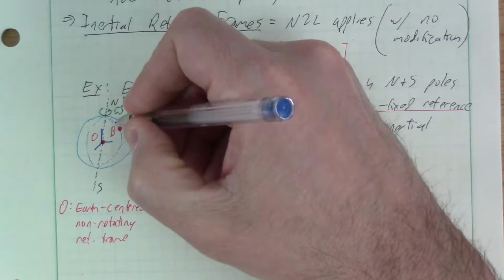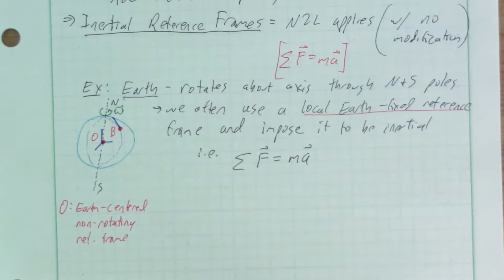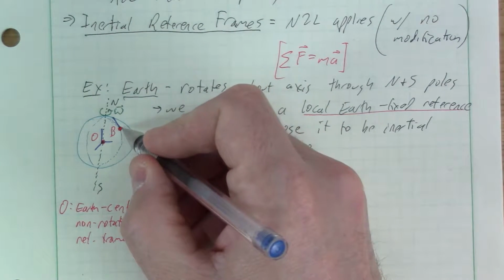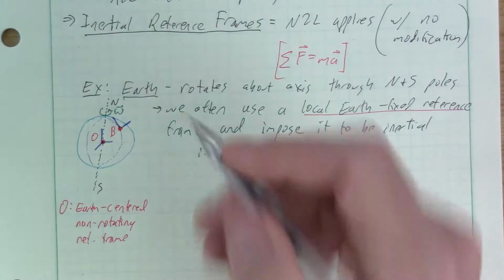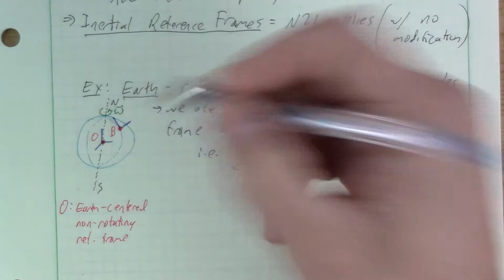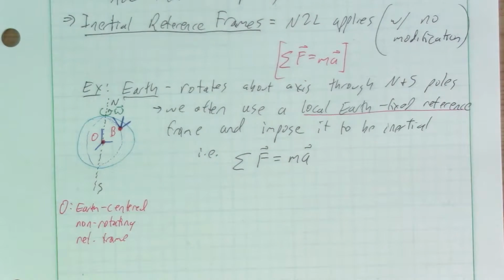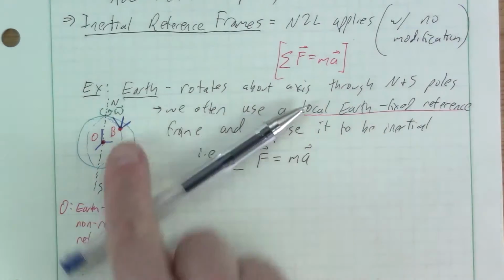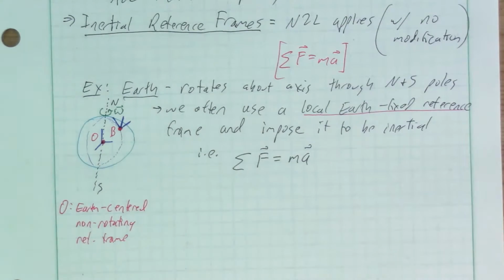So the north direction, if that's what we chose, would be the y direction, whatever, would be there. And then directly east would be one, and then directly upward, out of the surface of the Earth, would be the other direction. So maybe that would be the choice of reference frame. I don't know if you can see that. North, east, and then directly normal to the surface of the Earth there.